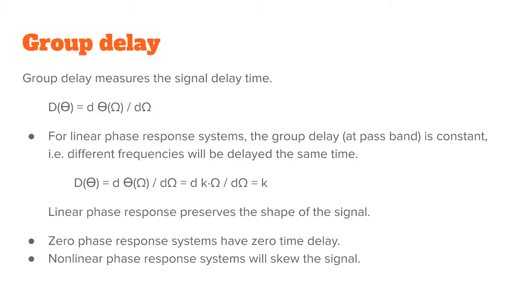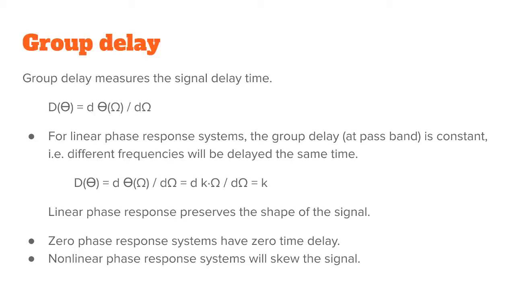So basically, for a linear phase response system, group delay gives a constant, which is the same as the time delay. It's the constant time delay. On zero phase response, it has 0 time delay, meaning that group delay is 0.